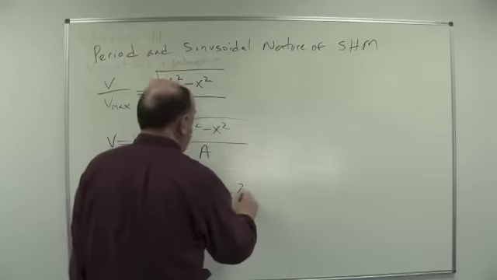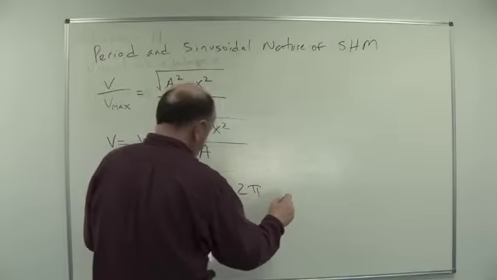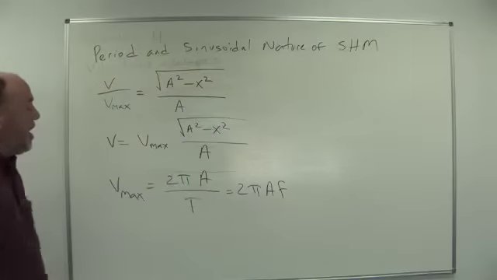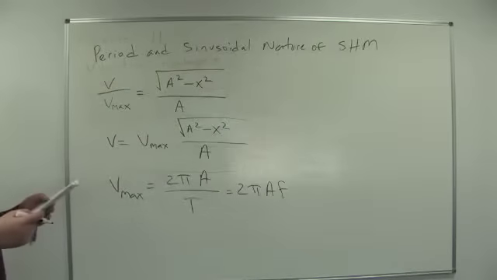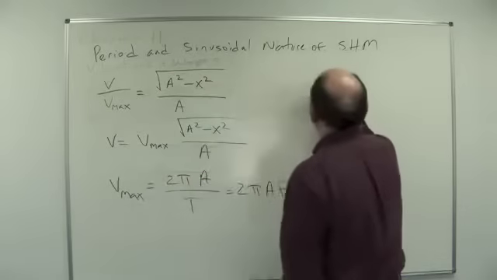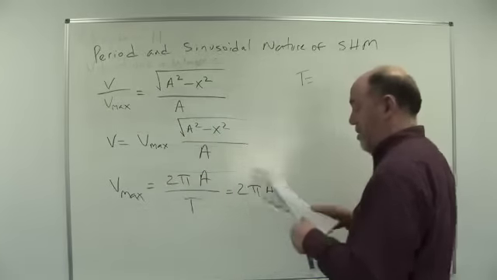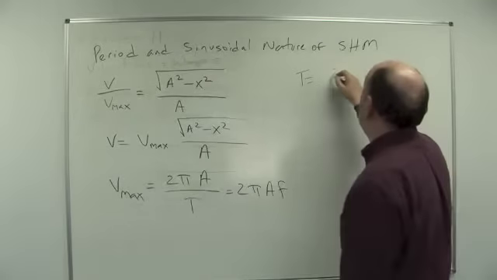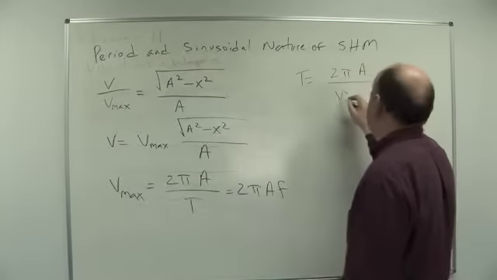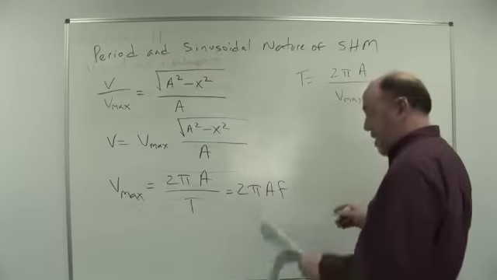And so this is also the same thing as saying 2 pi A times the frequency. After all, dividing by T is the same thing as frequency. And so the period will be given by 2 pi times the amplitude divided by V max.